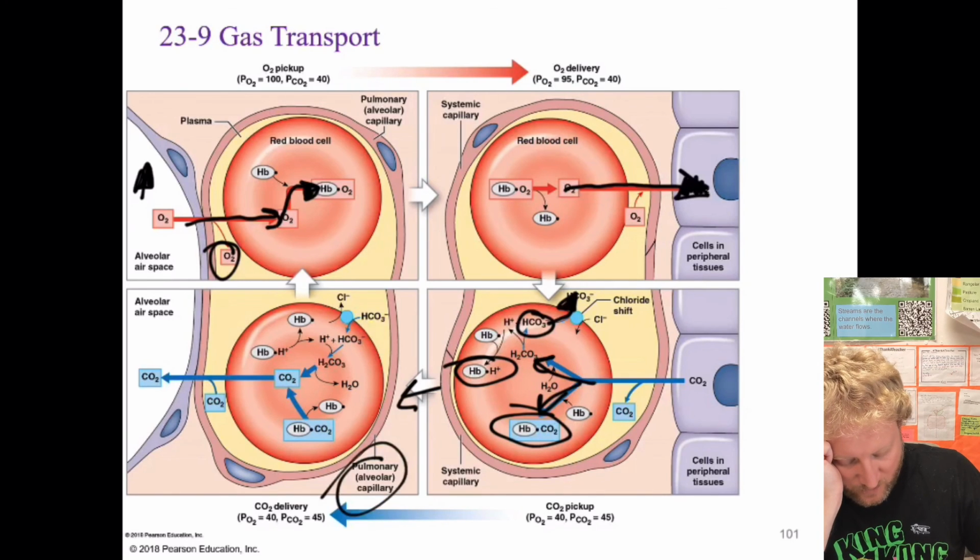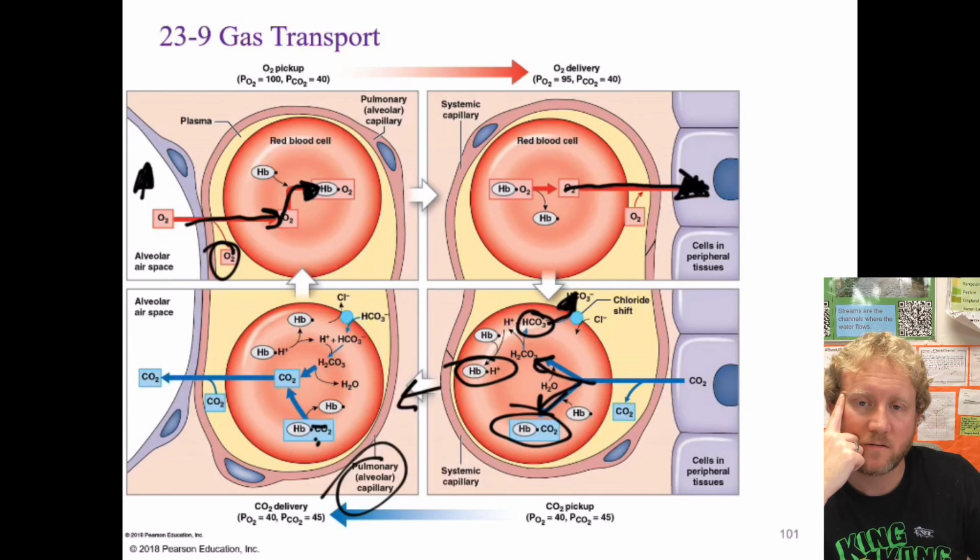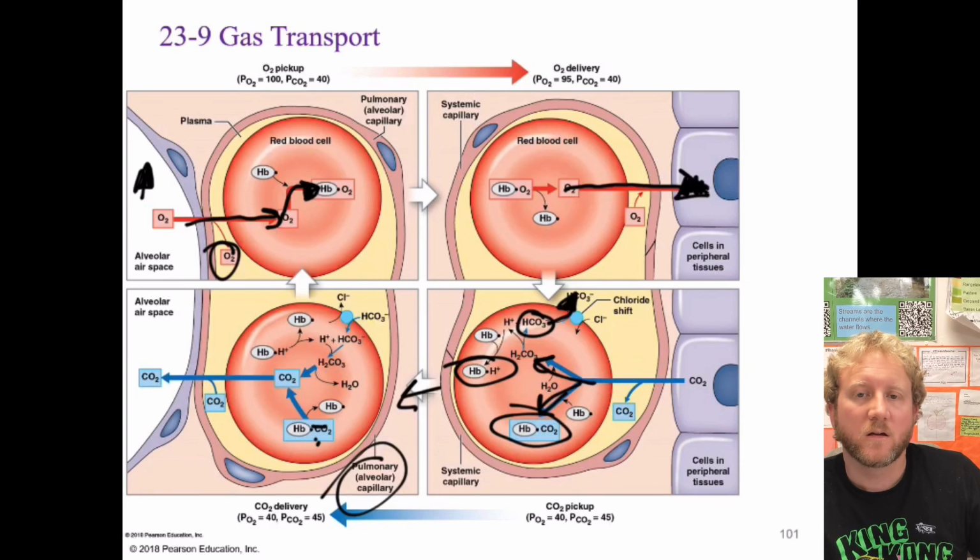Here we are with the pulmonary capillary. Our CO2 is going to either be released by the hemoglobin or that bicarbonate that was pushed out of the red blood cell is going to get pushed back into the red blood cell, forming carbonic acid.